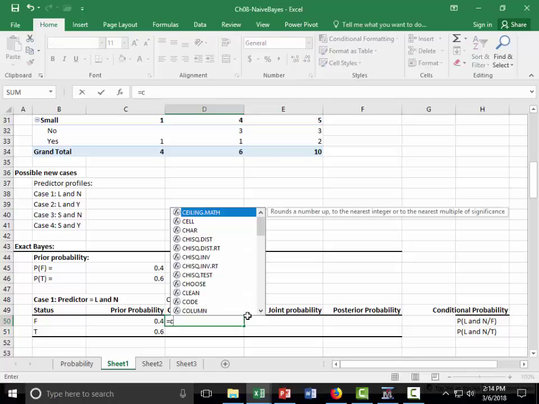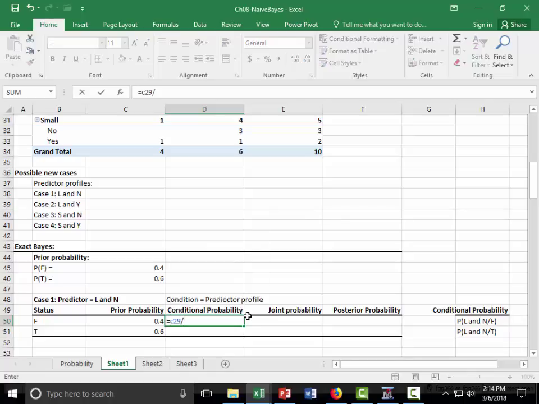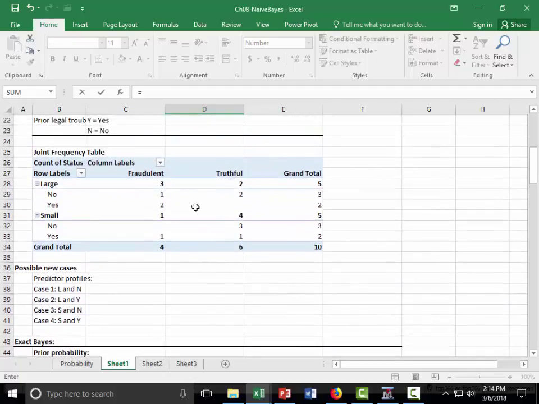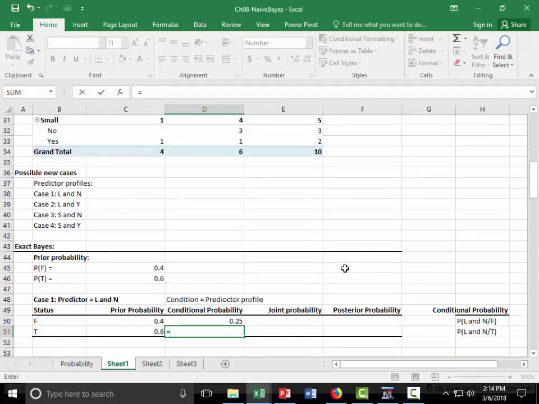So we have C29 divided by C34. The same event, L and N given T, will be D29 divided by D34.